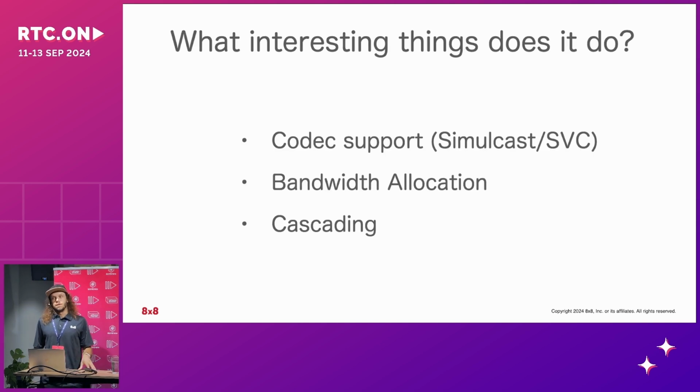What are the more interesting things that the SFU does, and what I'll talk about today, is a little bit about codec support, a little bit about bandwidth allocation, which is about how do we decide what to send to a certain endpoint given constraints in bandwidth. And then cascading SFUs, which is something that I love talking about because it's a cool project.